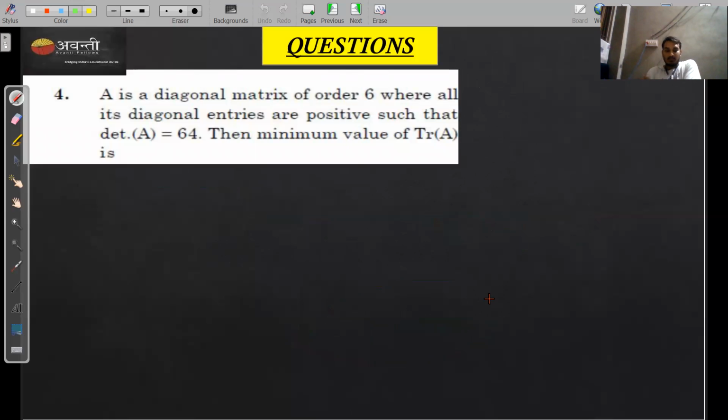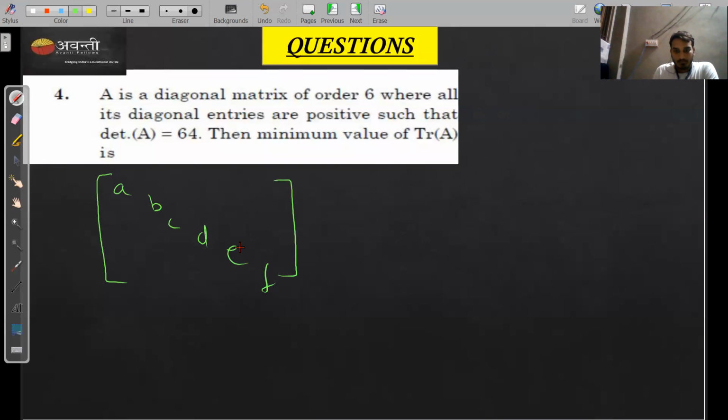Question 4 is a simple question. It says that A is a diagonal matrix which has order 6, and its diagonal entries are positive. Let's say you draw your order 6 matrix which is diagonal, with diagonal entries a, b, c, d, e, f.